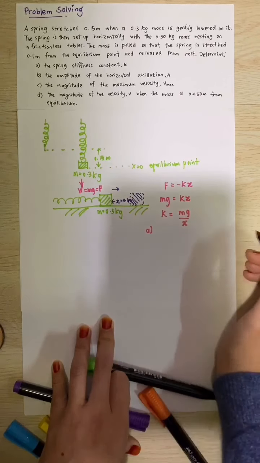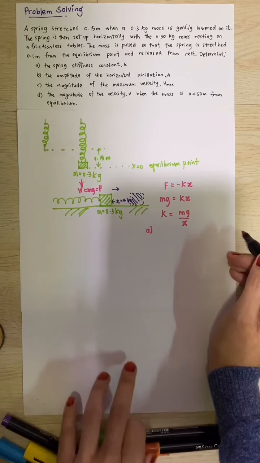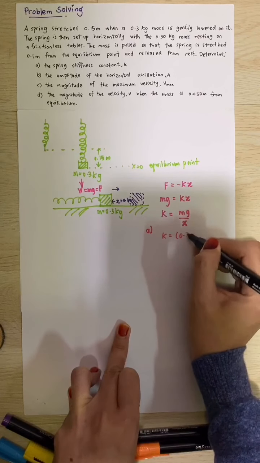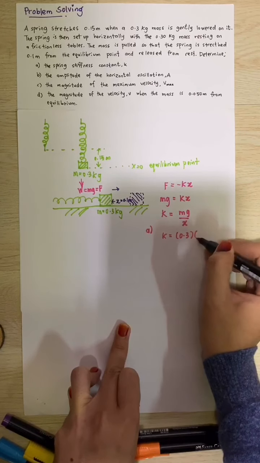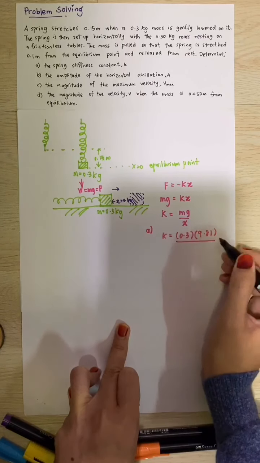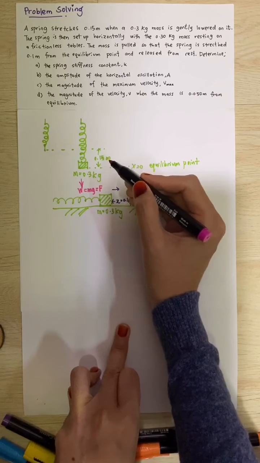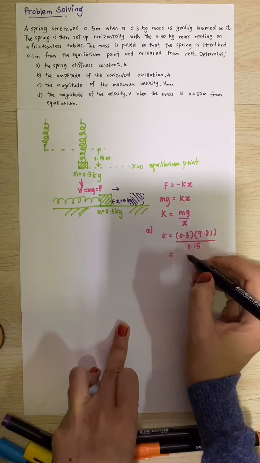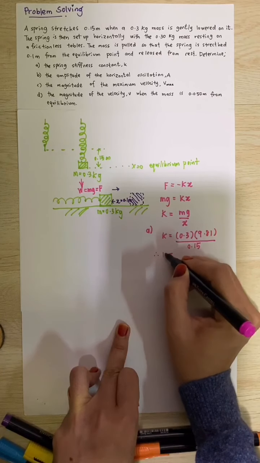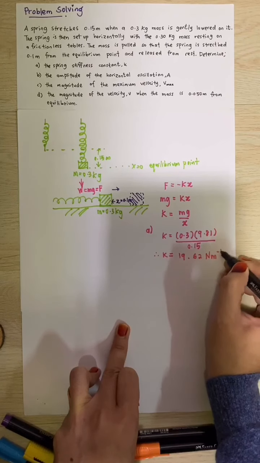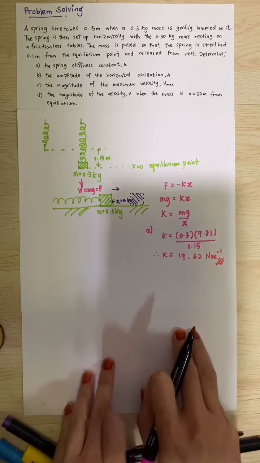K equals 0.3 times the gravity constant 9.81 over the distance 0.15. You will get K, the spring constant, as 19.62 Newton per meter. So we solved the first question.